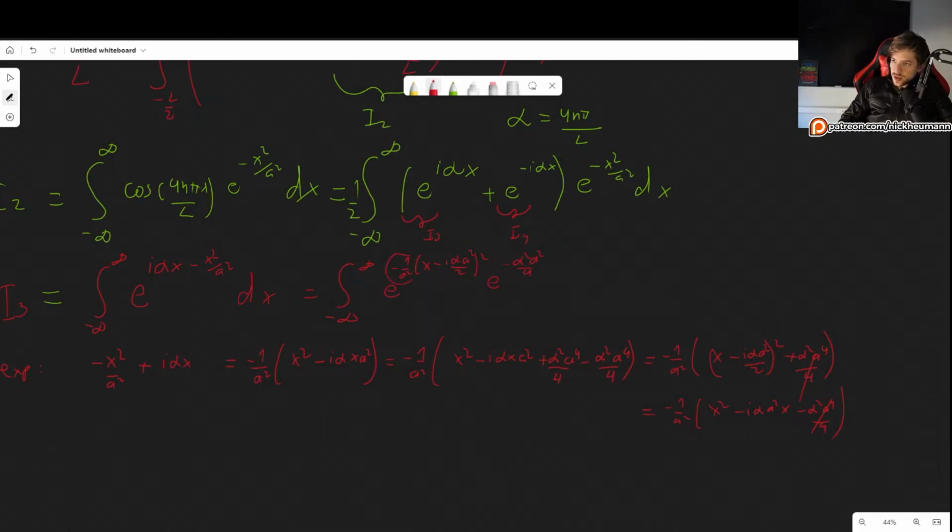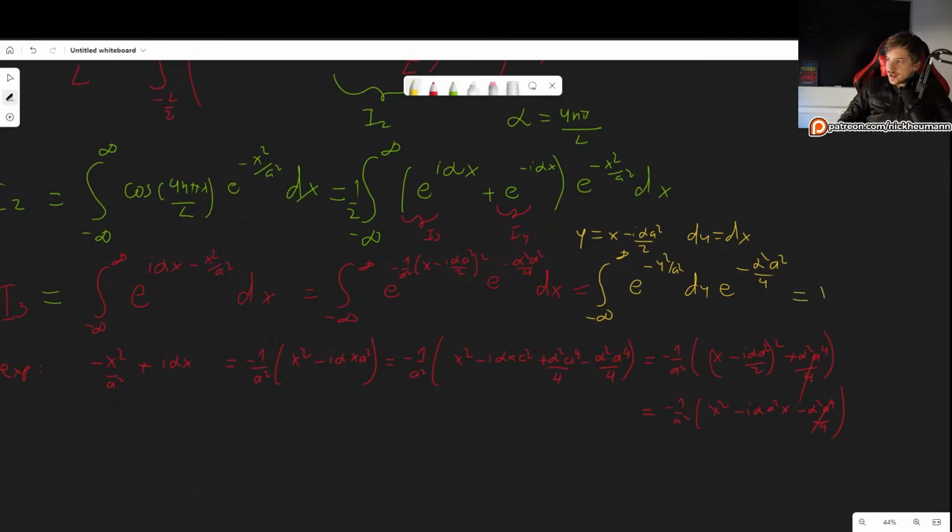You have to consider that we need to multiply by that quantity, and dx. So this integral is, well, we simply have to use change of variables. y is x minus i alpha a squared divided by 2, and dy is dx. So for that reason, our integral goes from minus infinity to infinity of e to the minus y squared over a squared dy, and just put this exponent outside to emphasize that it doesn't depend on y.